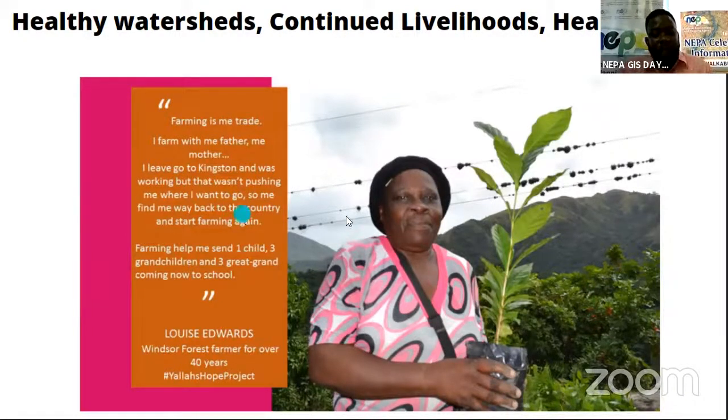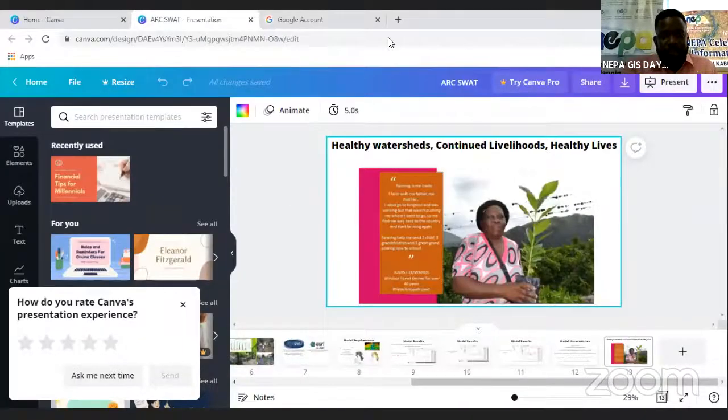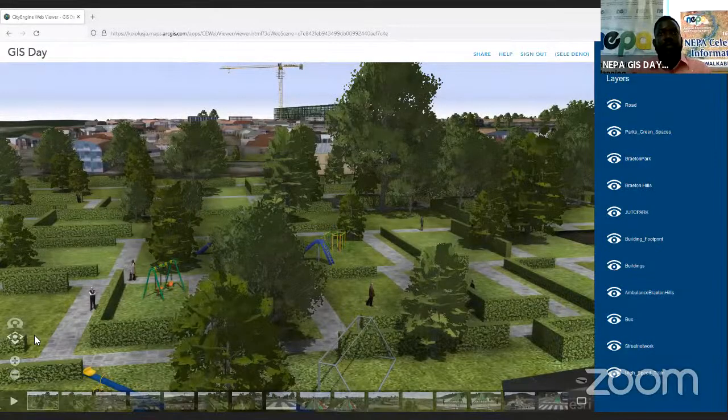Thank you so much, Andre, for your presentation. It is indeed interesting. And as I mentioned before, the Yallahs and Hope project, it has a bigger name, but yes, the Yallahs and Hope project was one of NEPA's successes in our last financial year. And Andre and Lorraine Jones led the charge for that project.